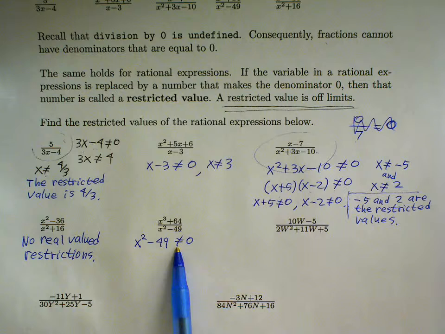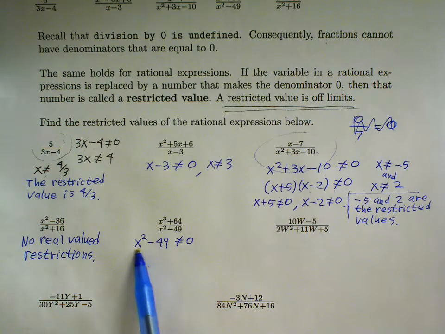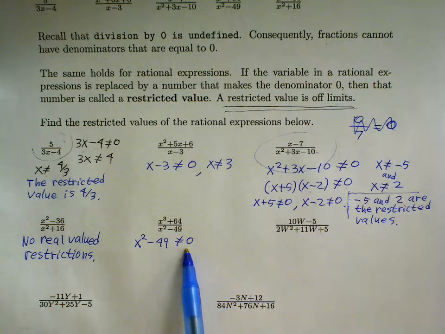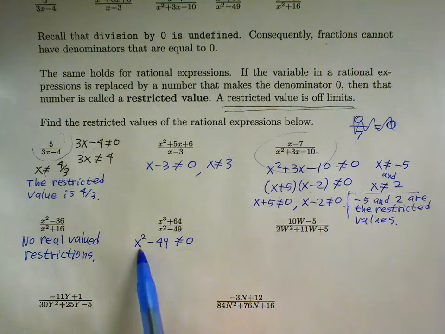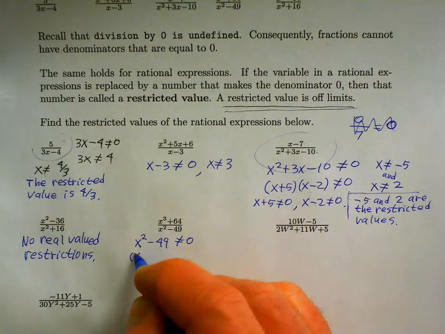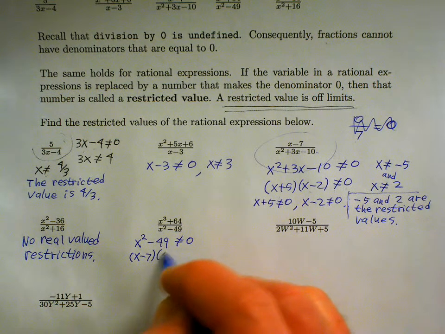This symbol simply means does not equal. Anyway, we can solve this inequality by factoring. One side is 0, the other side is a difference of two squares. The two factors are x minus 7 and x plus 7.